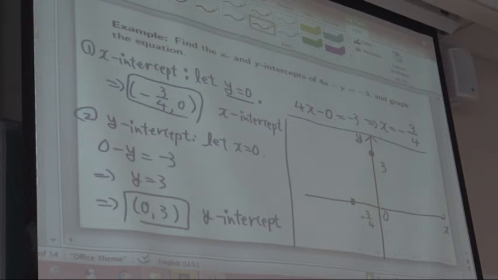So we have two points, and we know that this is a straight line. So when you have two points, we can just connect them. And that's all. This is a linear equation whose graph is a straight line. So x-intercept and y-intercept are really important to draw the graph.